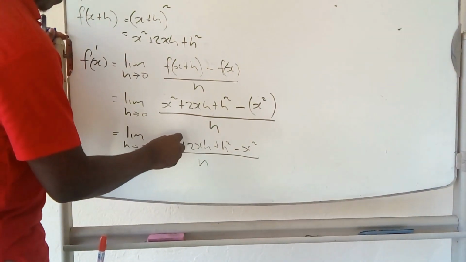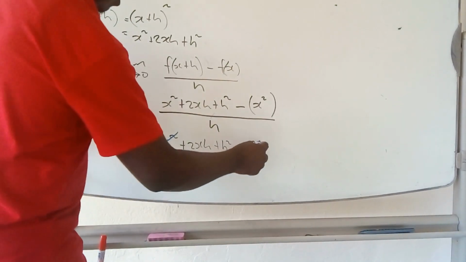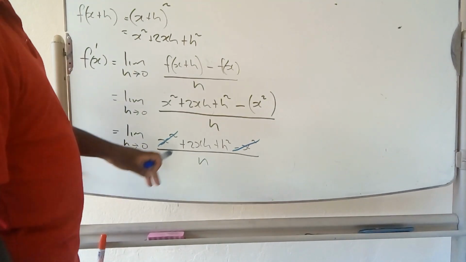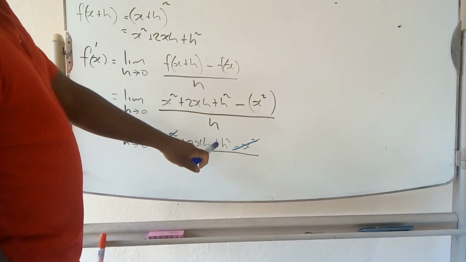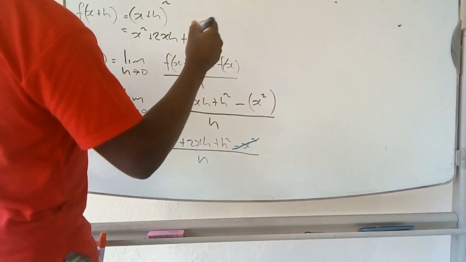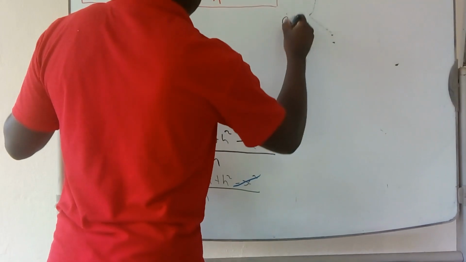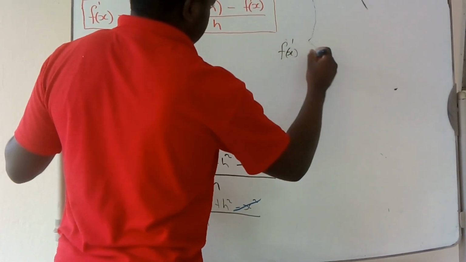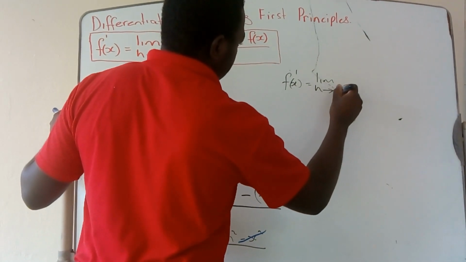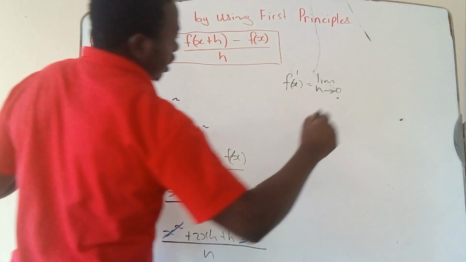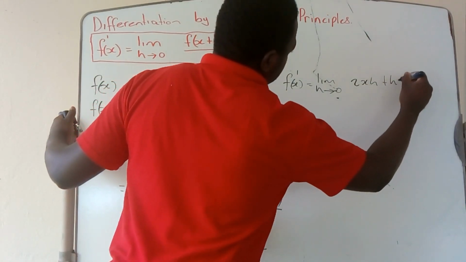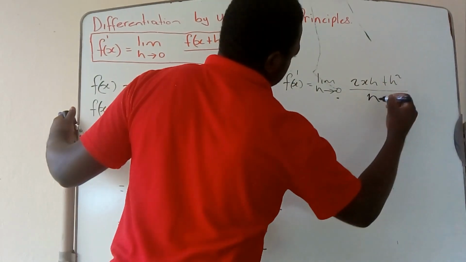So this positive x squared is going to cancel this negative x squared. What we are left with is 2xh plus h squared all over h. So the derivative of f of x is equal to the limit as h approaches 0 of 2xh plus h squared all over h.